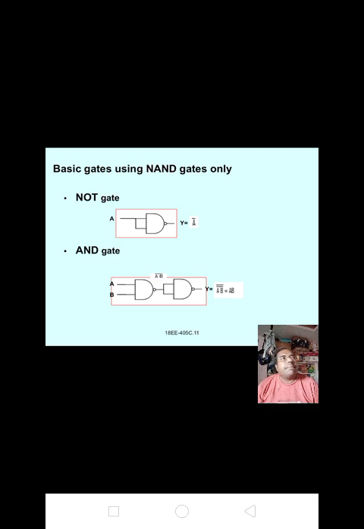That (AB) bar is given as input to the other NAND gate. We get the output Y equal to (AB bar) bar, equal to AB. We get the output of the AND gate.